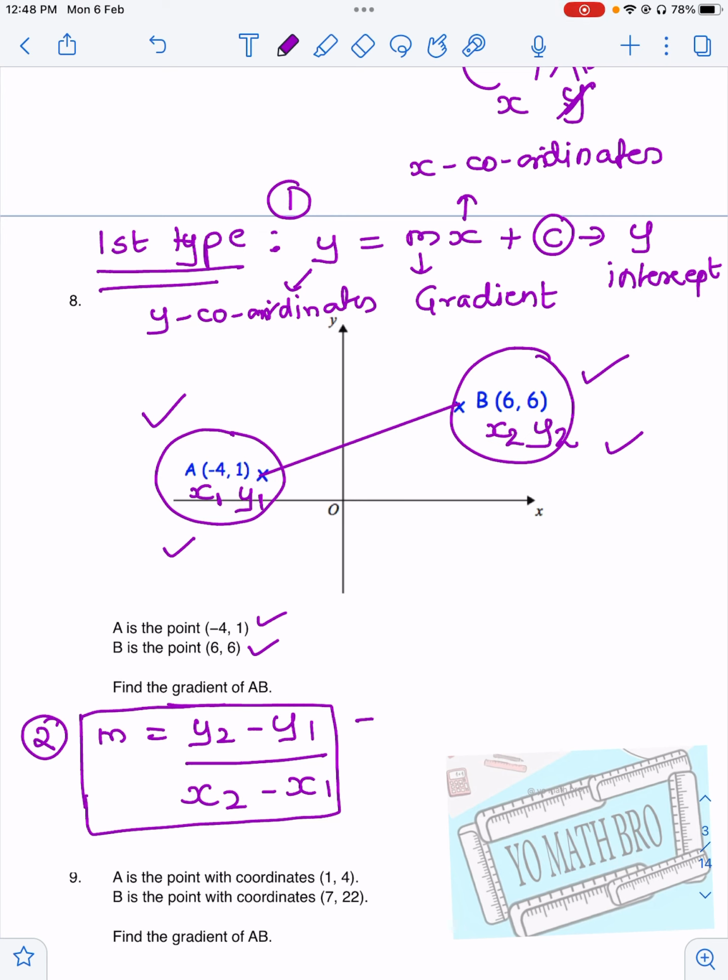Now let me substitute. My y2 here is 6, minus is in the formula, and then y1 is 1. If I want, I can draw the bracket, or else it is not required. So 6 minus 1 divided by x2, which is 6, minus x1, which, my dear students, is minus 4.